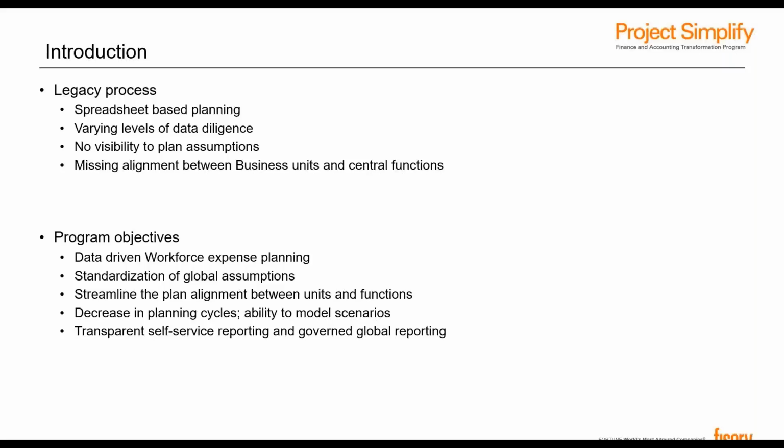We also experienced misalignments between business units and the central functions. These are the areas where the central corporate functions or technology functions were not able to agree on the numbers in a way that the business units and the central functions were able to produce workforce related plans and forecasts that can reconcile to each other.